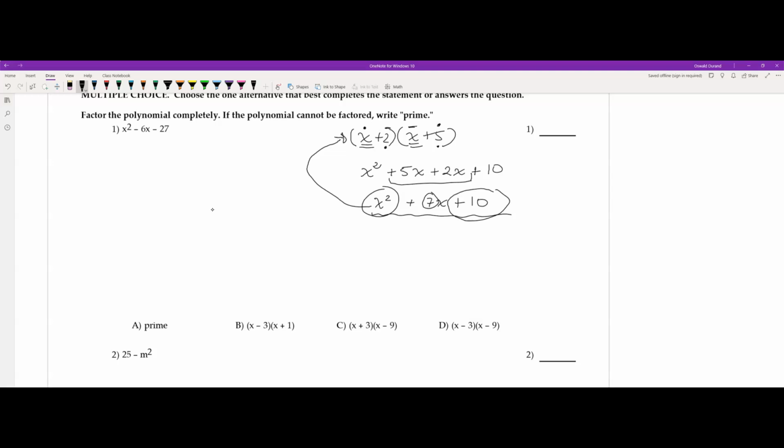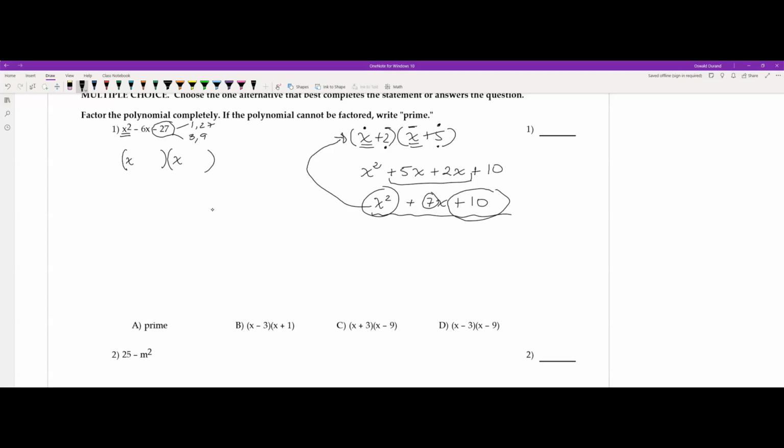So my assumption is that this is going to turn out to be this. The x squared is going to be what? x times x. Easy enough. Then I go to the last term, which is the negative 27. You have very few possibilities for 27, because it's only 1 times 27, or 3 times 9.